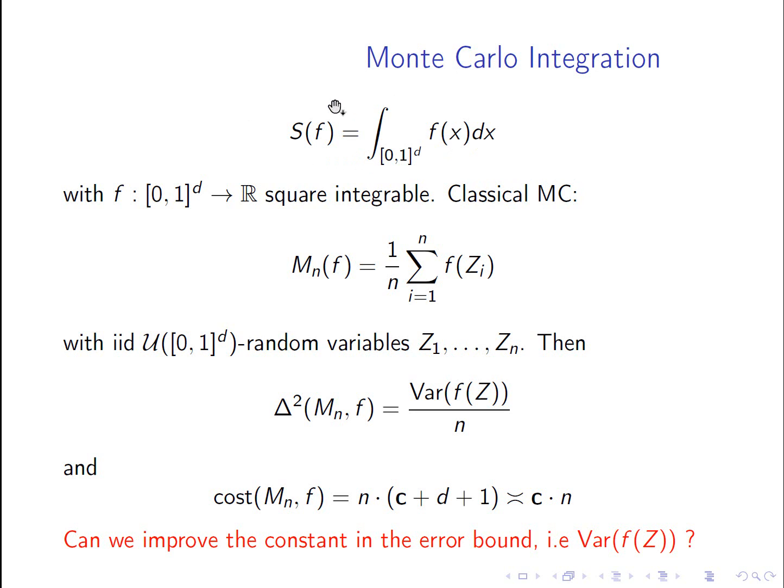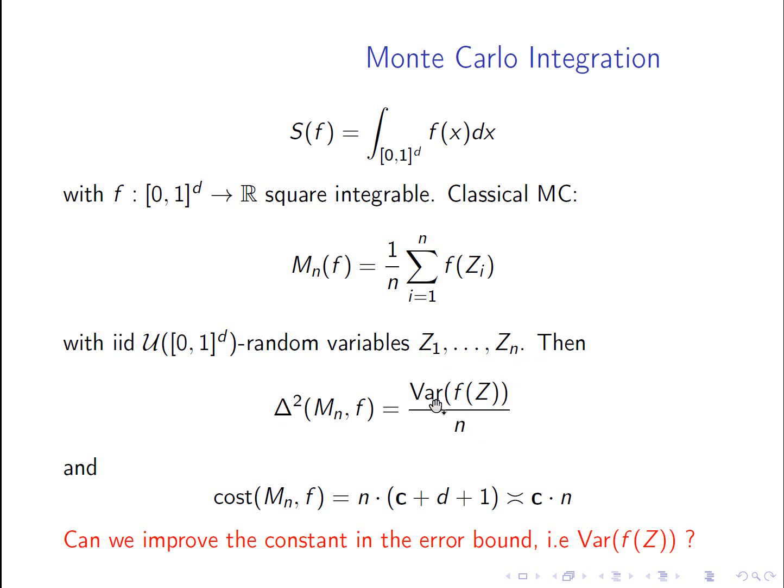So let's summarize. This is the thing we want to compute. f needs to be square integrable. Classical MC is given by this. Z_1 up to Z_n are IID copies of uniformly on [0,1] distributed random variables. We plug them into f and average, and then the mean squared error is given by the variance divided by n.